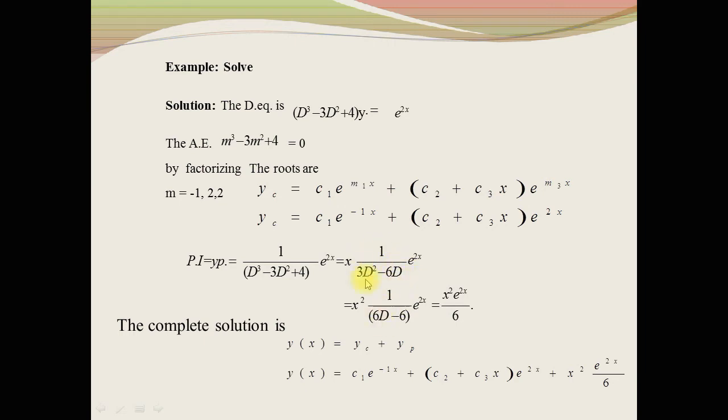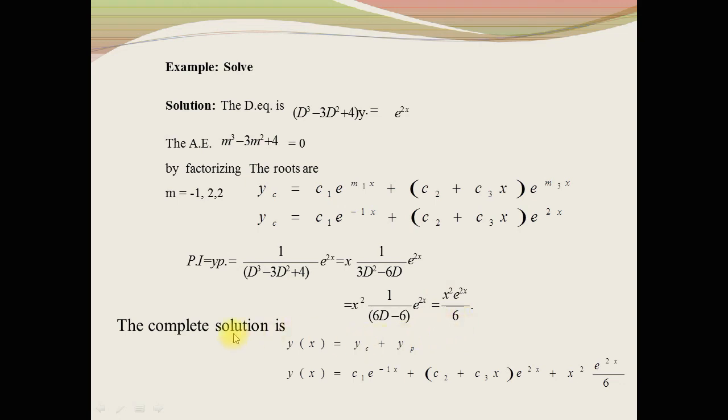Now again taking the derivative of this operator and putting x, so x multiplied by x is equal to x^2, and now replace D by this coefficient 2. The derivative by power rule gives 6D - 6, since the derivative of D with respect to D is 1. Now replace this D by 2: 6 times 2 is 12, 12 minus 6 is equal to 6. So the particular solution is x^2 e^(2x) divided by 6.